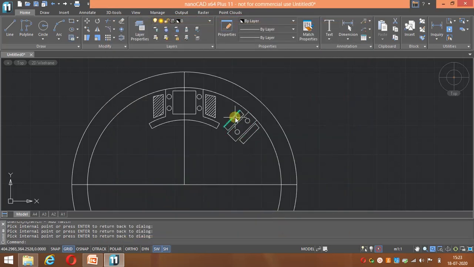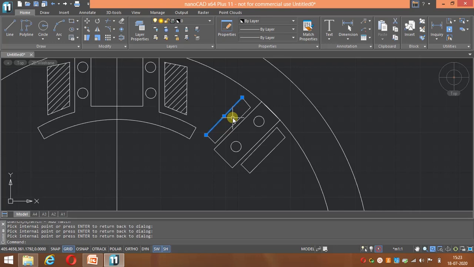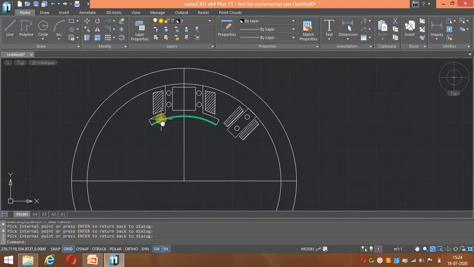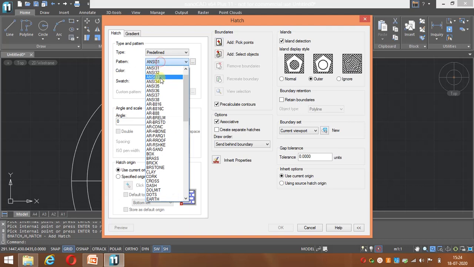Okay, let me use the same hatching pattern for interpole winding also. So now I hatched both the main pole and then the interpole windings. Let me hatch this rectangular pole also, central rod also, with a different hatching pattern.